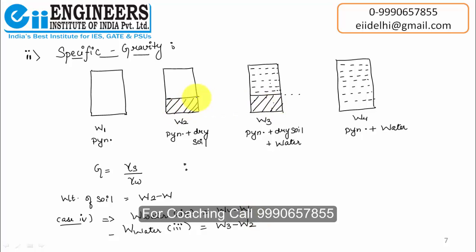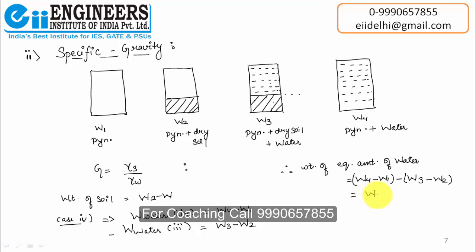Therefore the weight of the equivalent amount of water is equal to W4 minus W1 minus W3 minus W2.